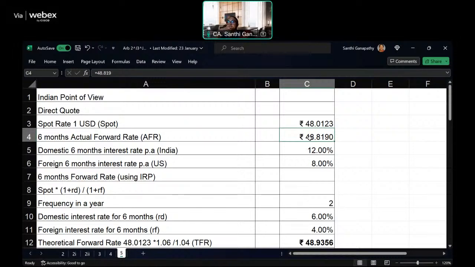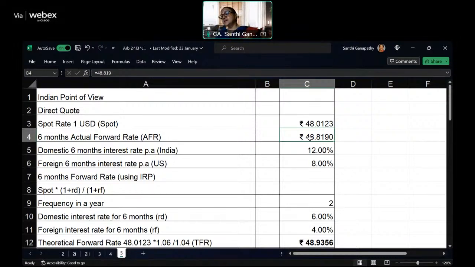What is the logic? Actual forward rate is costlier. So foreign currency is costlier after the period. I could sell it. If I have to sell it, then I should have made investments in foreign currency now, which means only if I make investment in foreign currency now, the investment proceeds can be sold after the period. Therefore, I should borrow domestic.